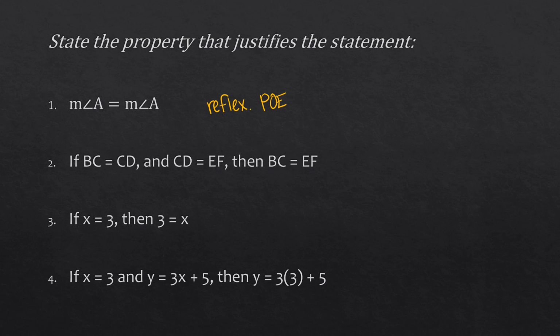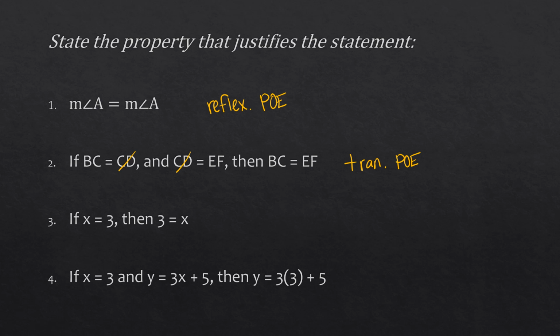In number 2, if BC equals CD, notice that's saying the measure of segment BC is equal to the measure of segment CD. So we know that, and CD equals EF, then BC equals EF. We're cutting out our middleman, so to speak here. This is our transitive property of equality. Okay.